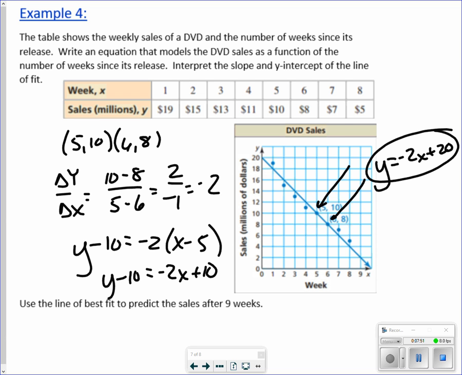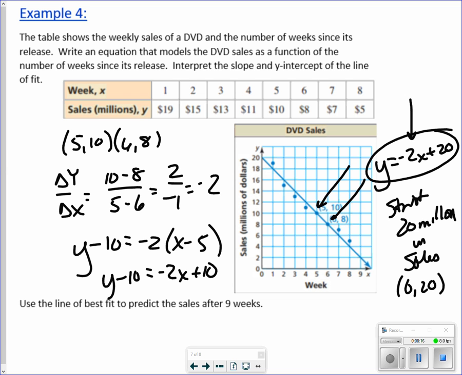Now, it does ask me to interpret again. So we're talking about sales of a DVD. When it's literally released, our expectation is we'll have $20 million in sales. So it's going to start off with 20 million in sales, because that's the (0, 20). That's the y-intercept. And then the negative 2 is how much it's going to go down each week.